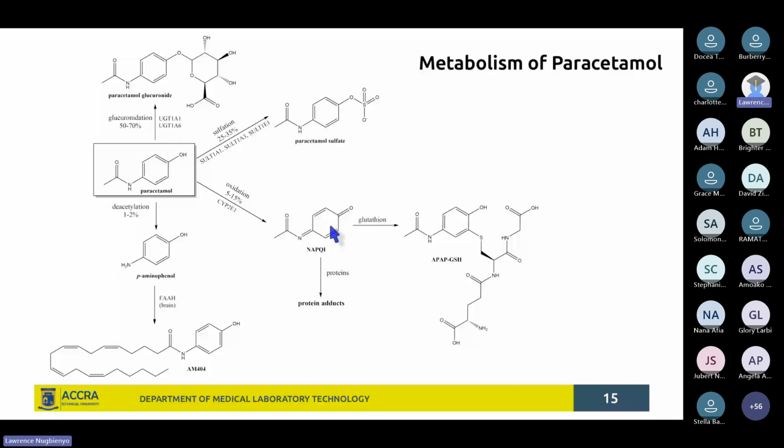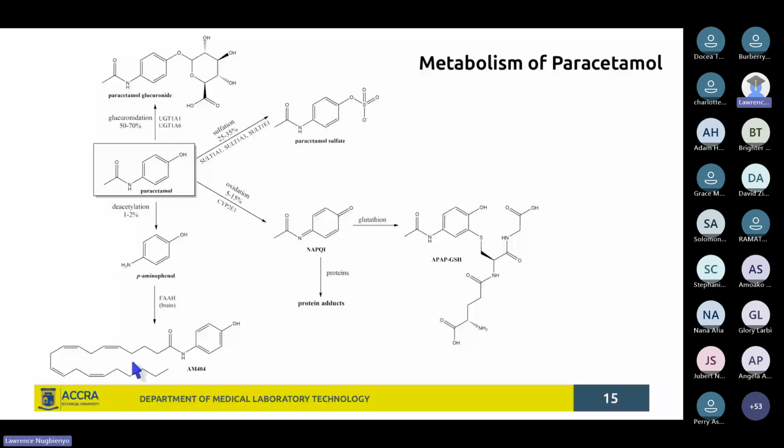And then the pathway below from paracetamol, here we see deacetylation. That is the removal of this acetyl group. So when the acetyl group is removed, you now just have para-aminophenol. That para-aminophenol is another non-toxic metabolite, but it is this para-aminophenol which gets bound onto arachidonic acid.